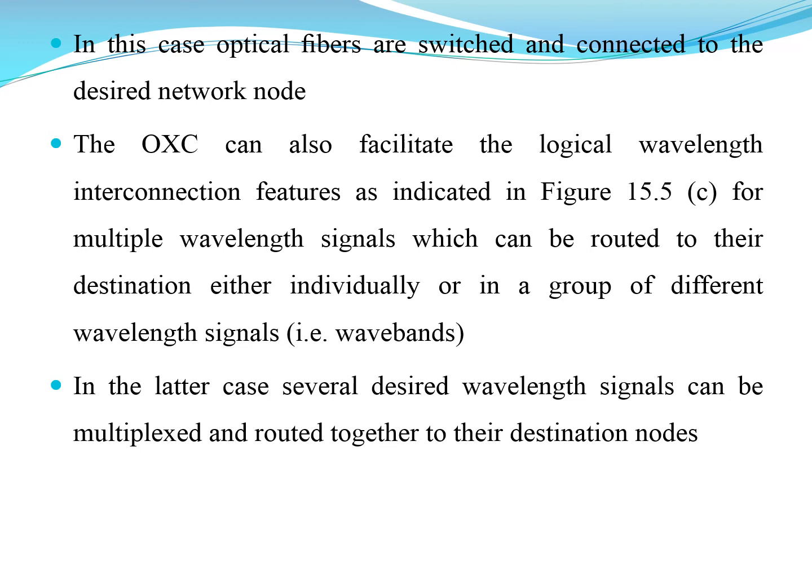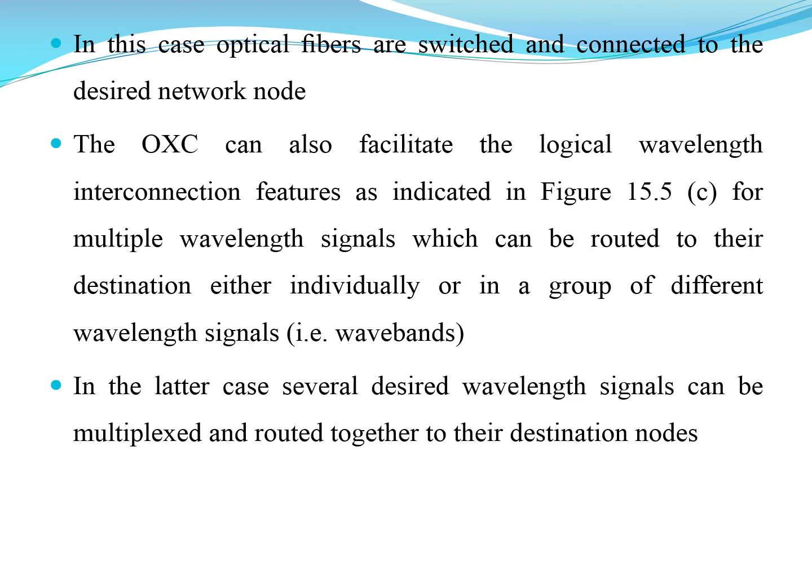And also these optical cross-connect switches are used as a wavelength interconnection node or wavelength interconnection switch because of its wavelength interconnection features, that can have multiple wavelength signals which can be routed to their destination. Either it can be done individually or in a group of different wavelength signals or wavebands.